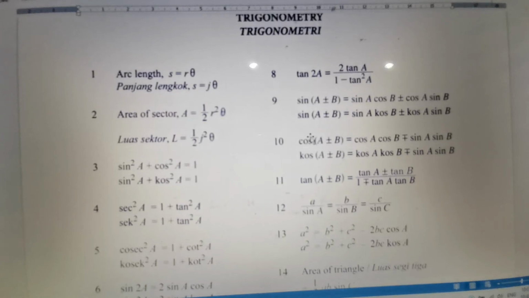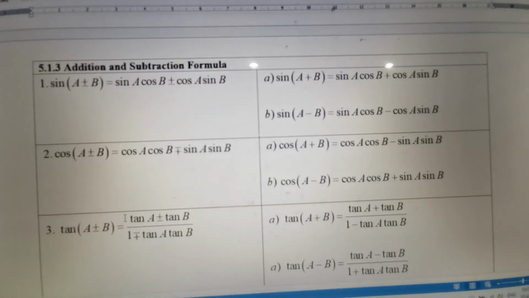Number 9, number 10 and number 11. These are the addition and subtraction formulas. Let me go through in detail. Can you see plus minus here? If you plus minus here, here also will be plus minus. But for the cos, plus minus, but here will be the vice versa, minus plus.